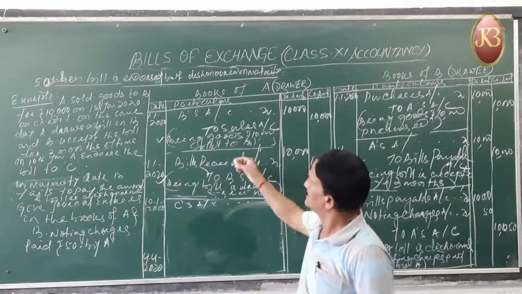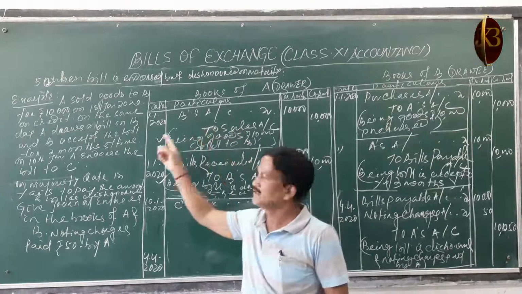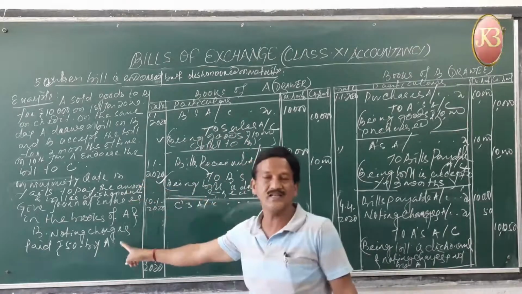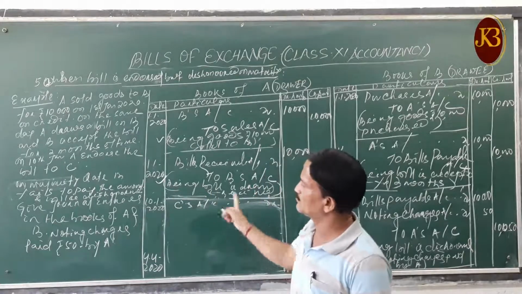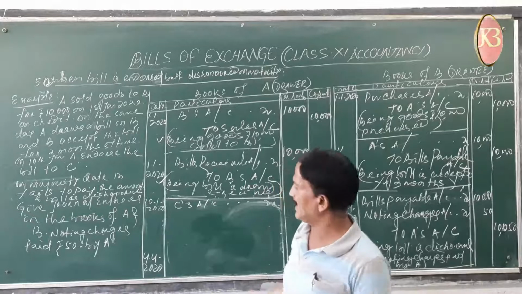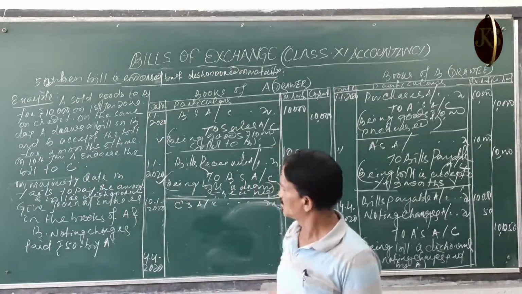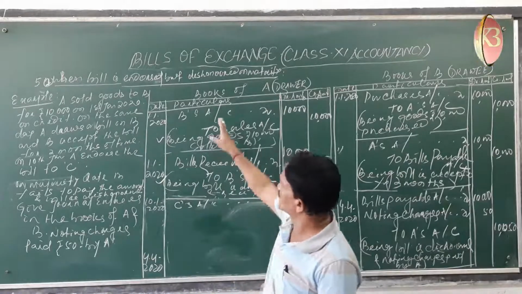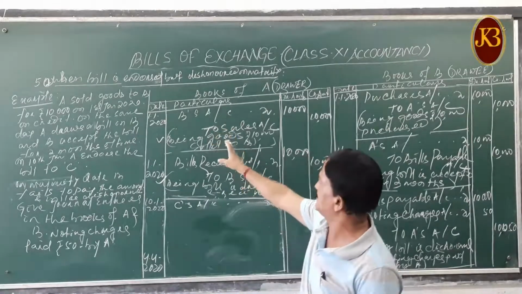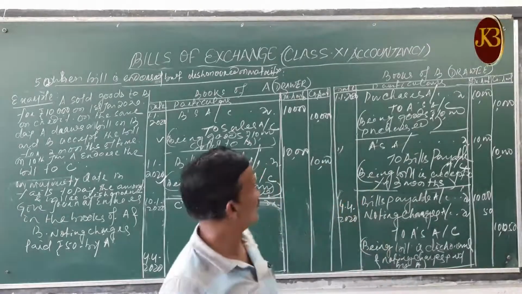So let's see in the books of the drawer. When the bill is endorsed to C, on the maturity date the bill is dishonored because the bill is not honored by the drawee, and noting charges paid are rupees 50. In this case, first entry, debit the customer's account and credit the sales account, that is the same as usual.